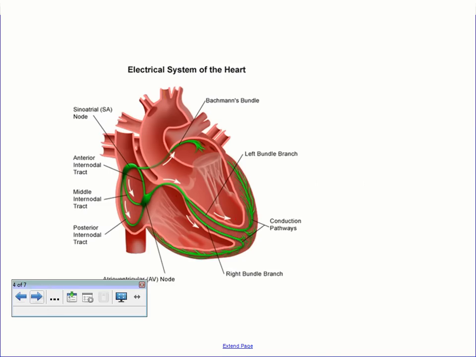All right, the next piece is the electrical current of the heart, so how the heart understands how to contract. The first part is the sinoatrial node, which is up here, and it is in the right atrium. That right atrium sinoatrial node is also known as the pacemaker.